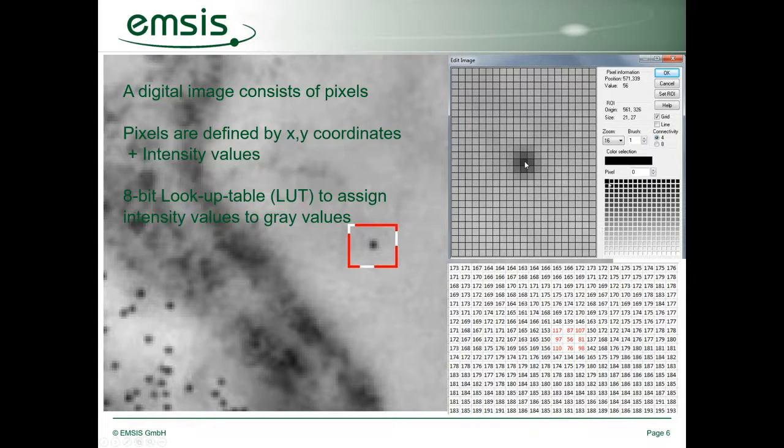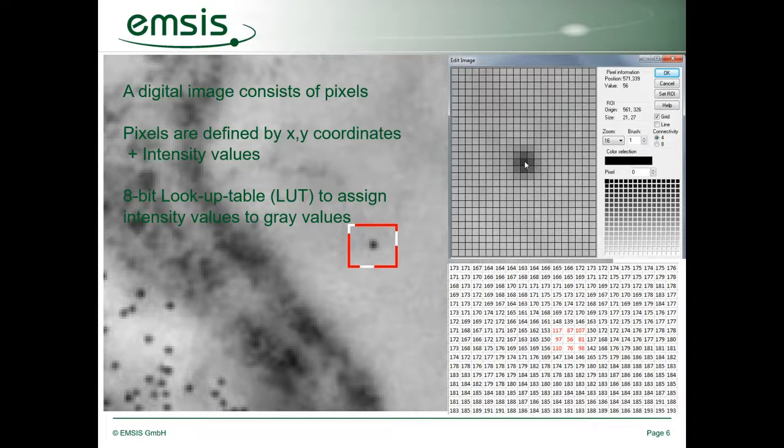You see here the lookup table for every possible intensity value starting from 0 up to 255. We have a certain gray value applied to an intensity value, and this allows every imaging software to display your image in the same way as a gray value image. But all these numbers are of the same level. The software cannot identify on its own where is a certain object of interest and where it's not.